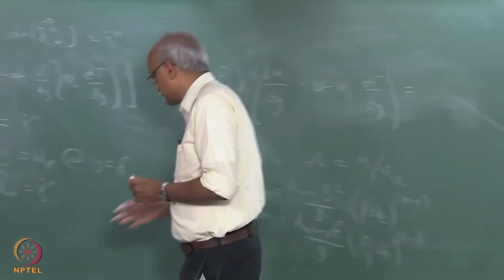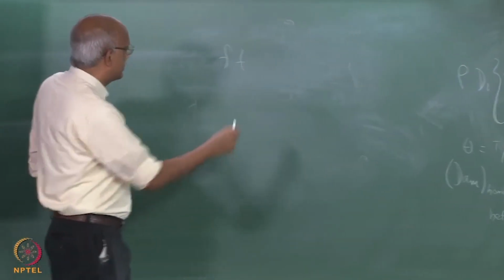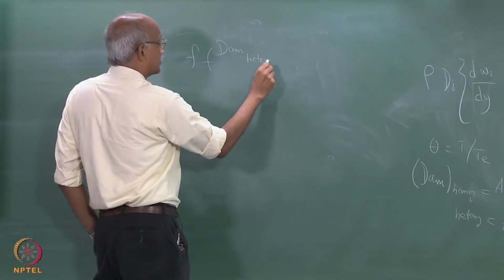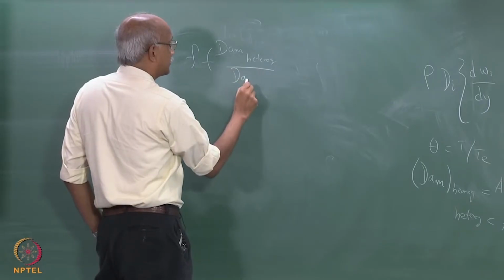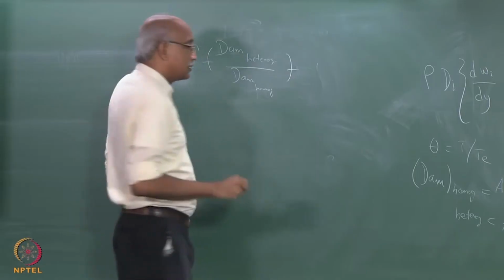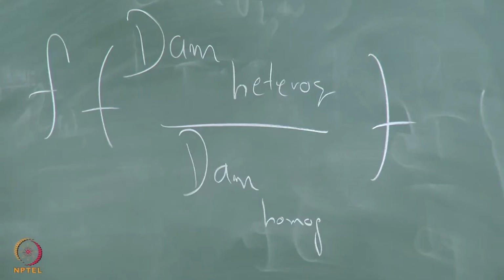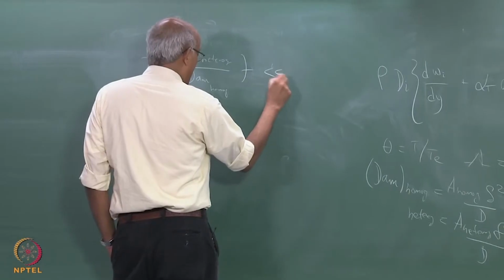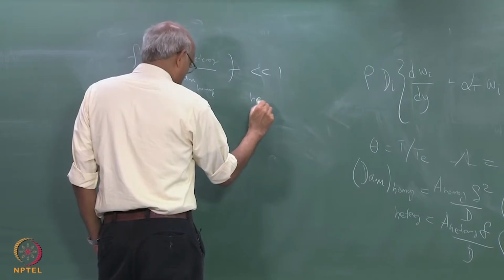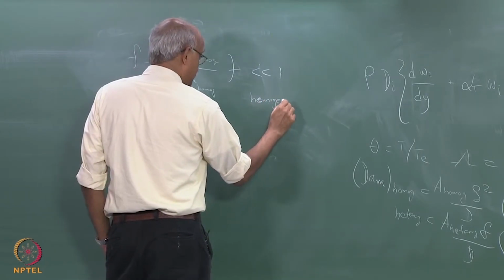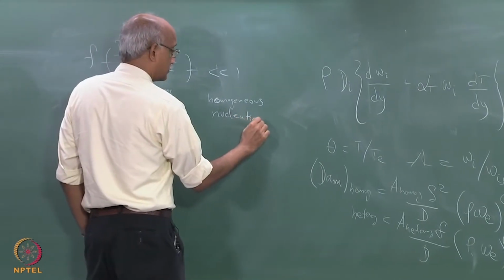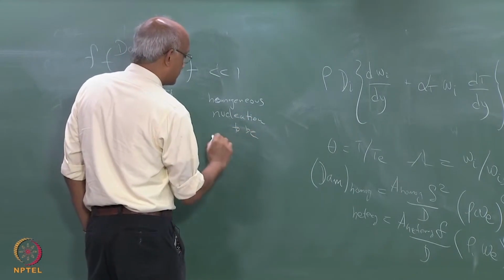So, again you will have a function of the ratio between the Damköhler number heterogeneous to the Damköhler number homogeneous, which has to be much smaller than 1 in order for homogeneous nucleation to be neglected.